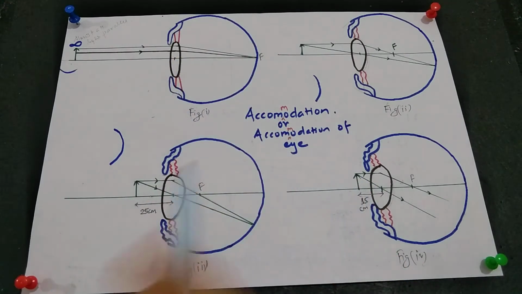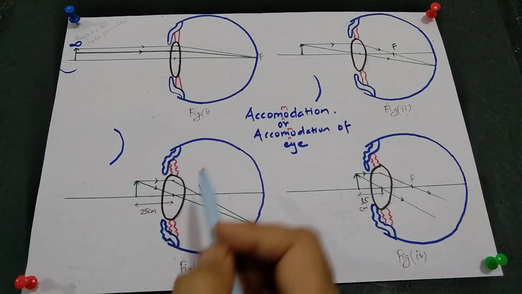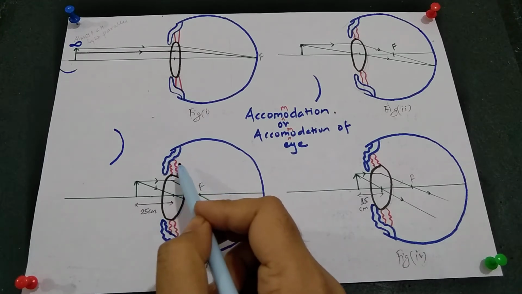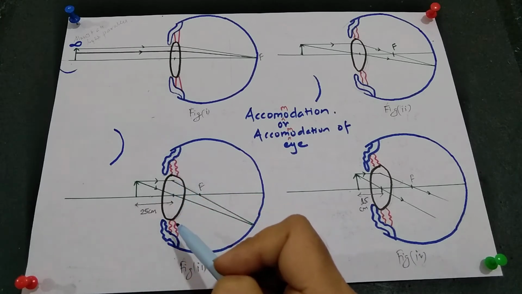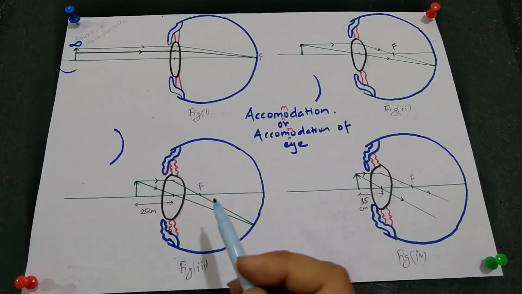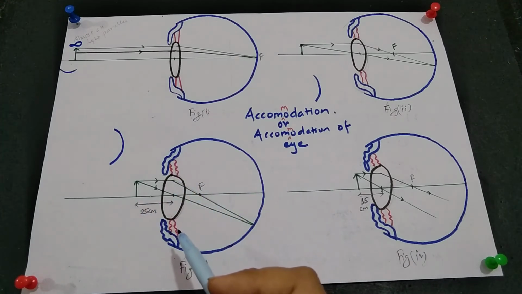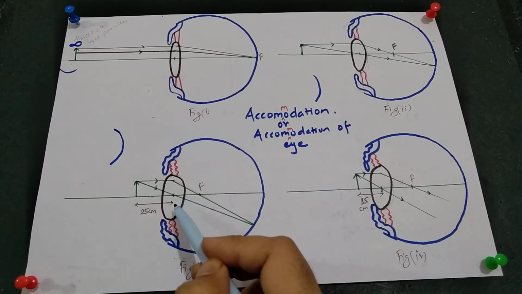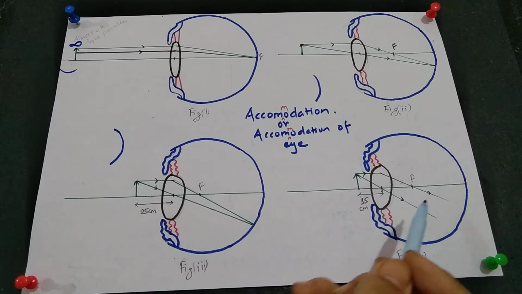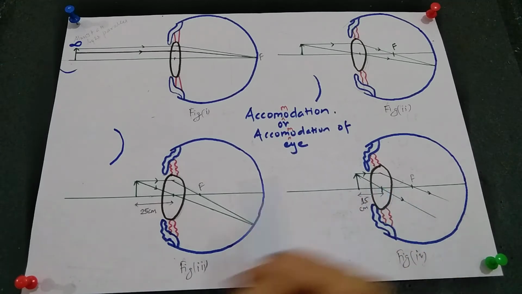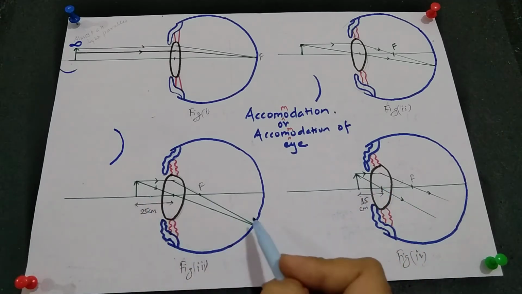I mean to say, the ciliary muscle can press this lens only to a certain extent. Beyond that, neither can the curvature of the lens be increased nor its focal length become shorter to get a clear image of an object on the retina.